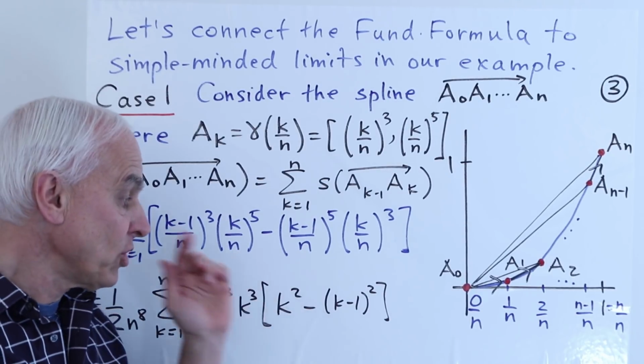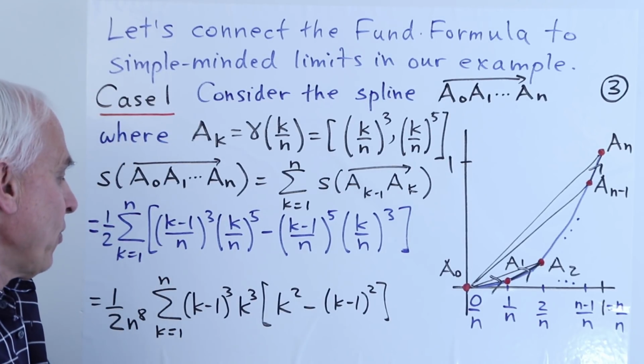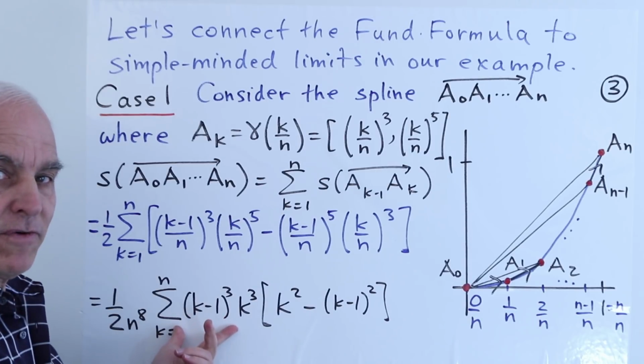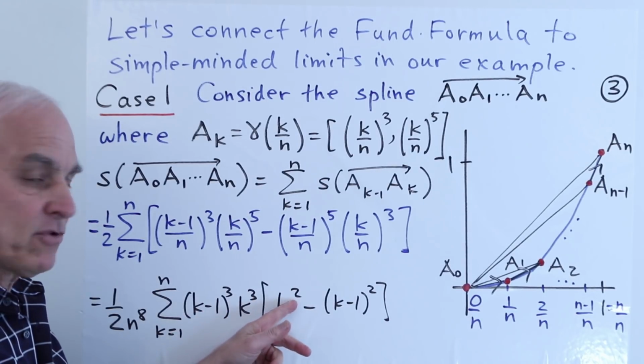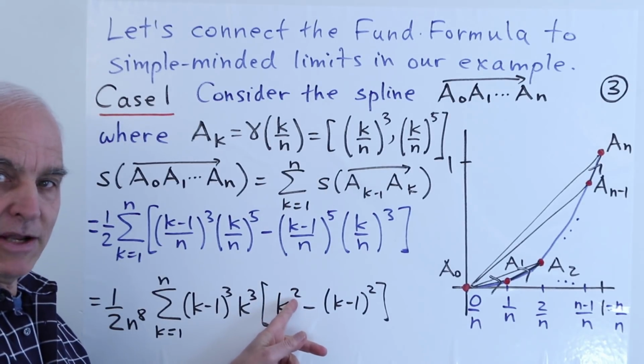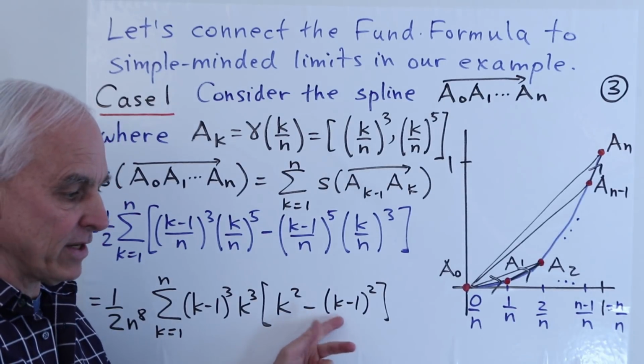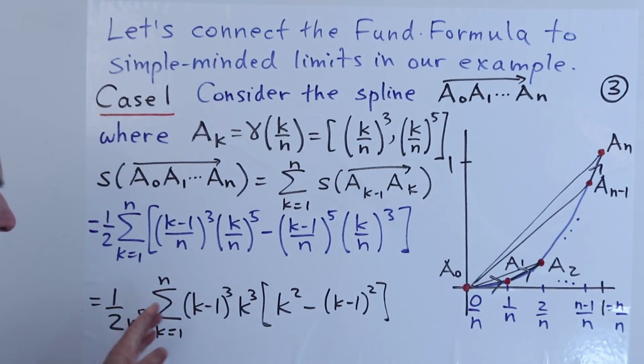That 2 is happening because we've pulled out the common factor of n cubed, and then what's left over is the difference. So 5 minus 3 is responsible for there being a 2 there, and for then there being a factor of 2 when we expand this out. Okay, so we'll keep that in mind.